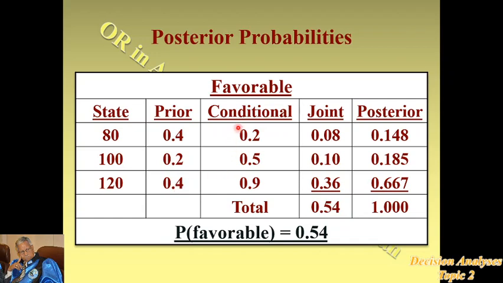The conditional probability of favorable: 0.2, 0.5, 0.9. Multiplying the first column by the second column gives the joint probabilities 0.08, 0.10, 0.36. The sum of all these joint probabilities is 0.54.